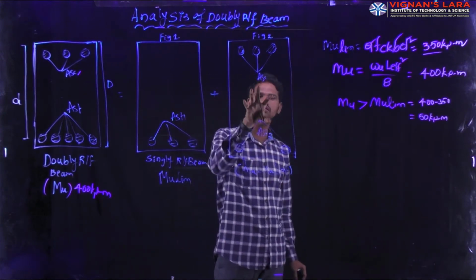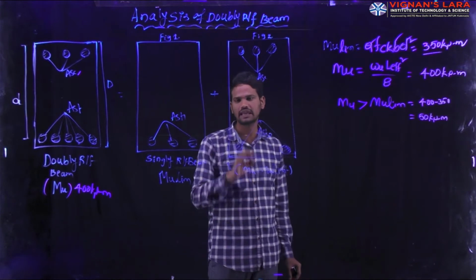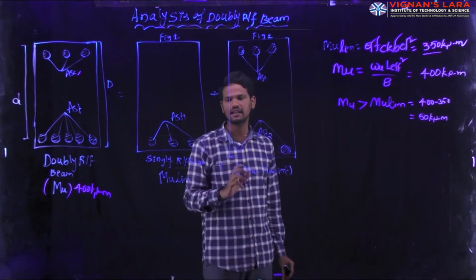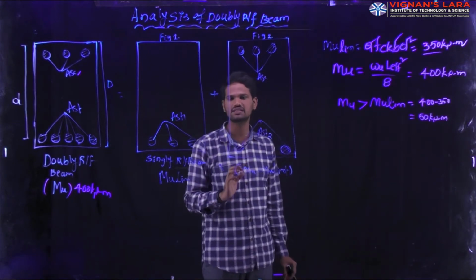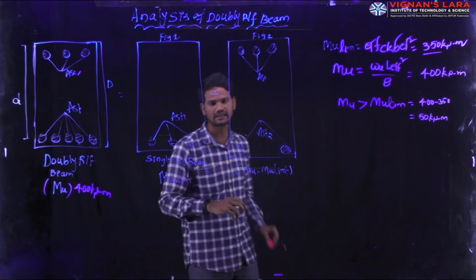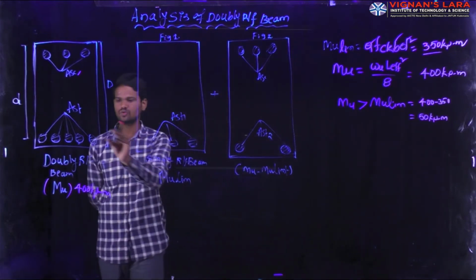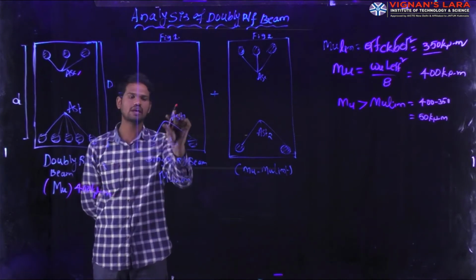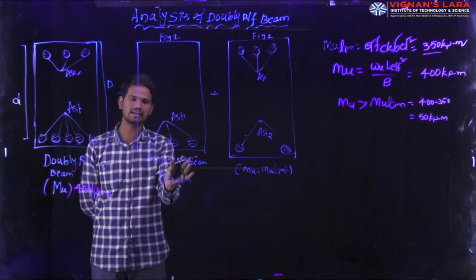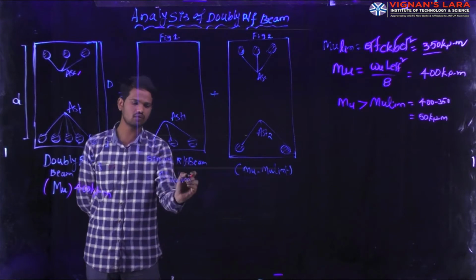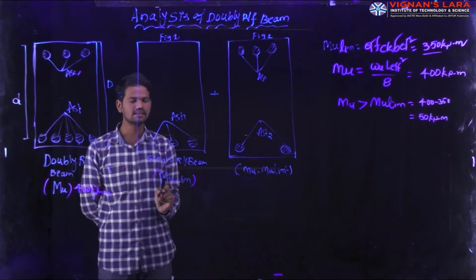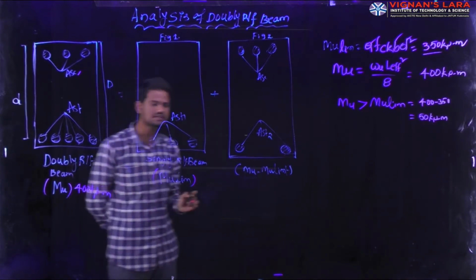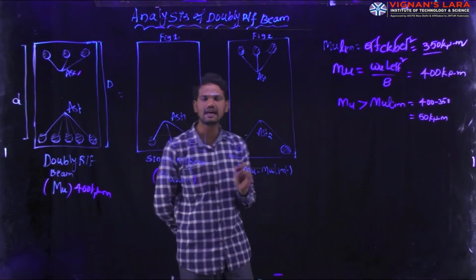One more diagram I am also taking to calculate the various compressive forces and tensile forces acting on the beam. If you see here, this doubly reinforced beam equals figure 1, which I am taking as a singly reinforced beam. This singly reinforced beam we are considering as Mu limit. That means the beam will carry the limiting moment.